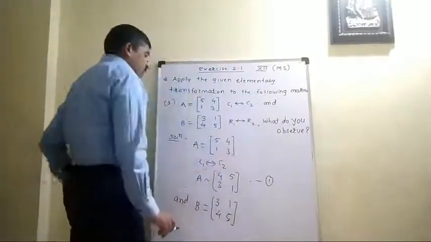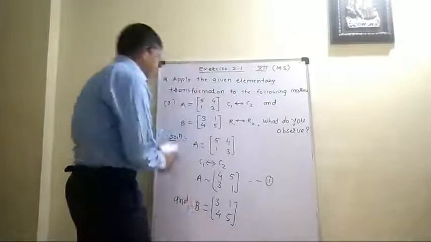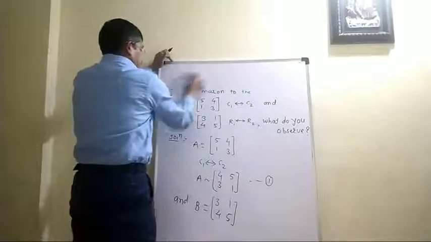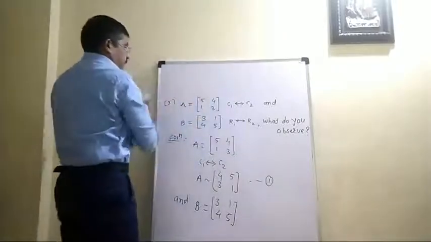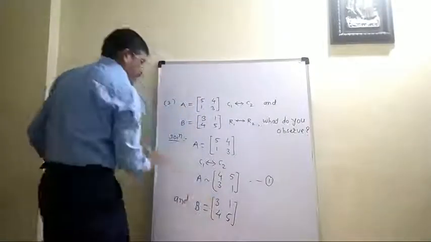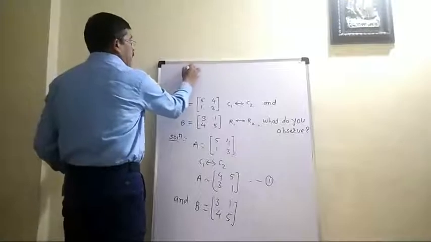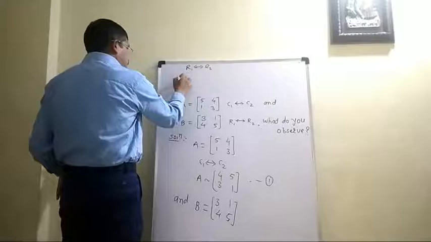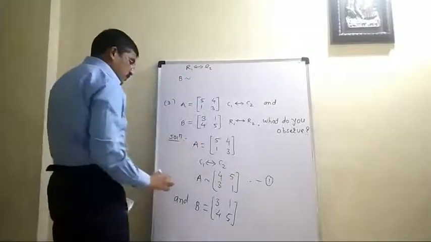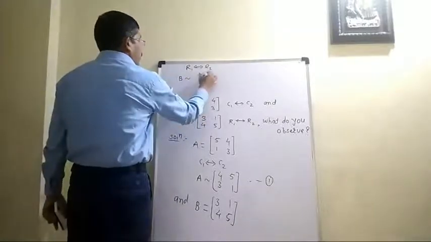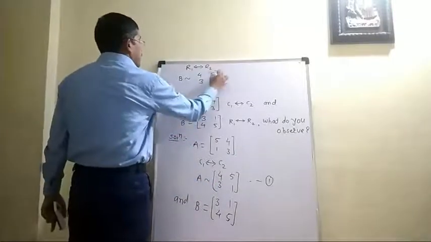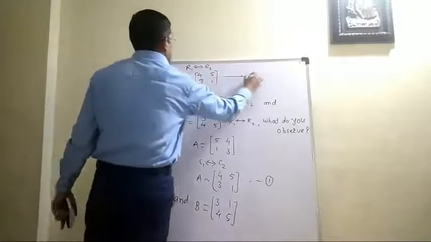If you perform R1 interchanging R2, then what are we getting? B is equivalent to 4 5 first row and second row 3 1. This is equation number 2.